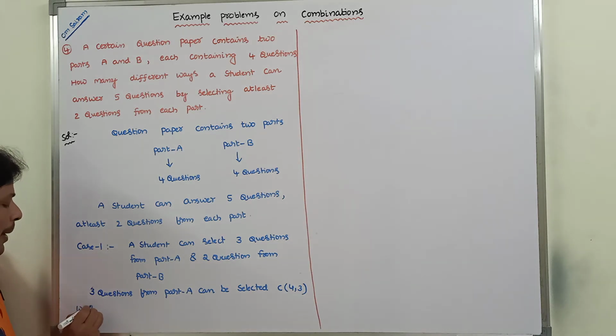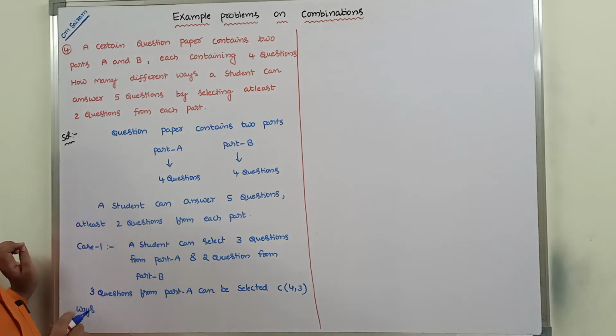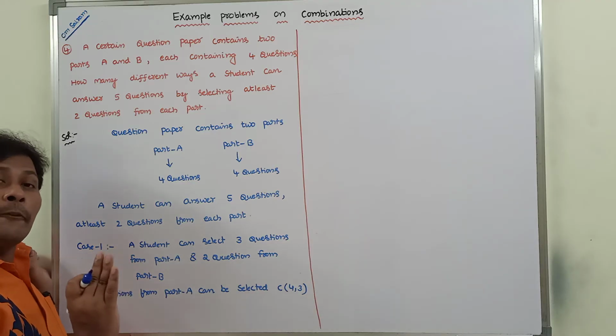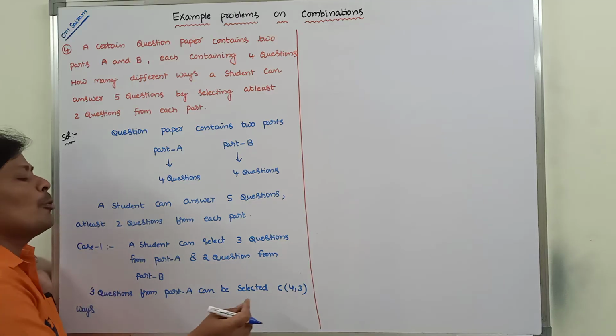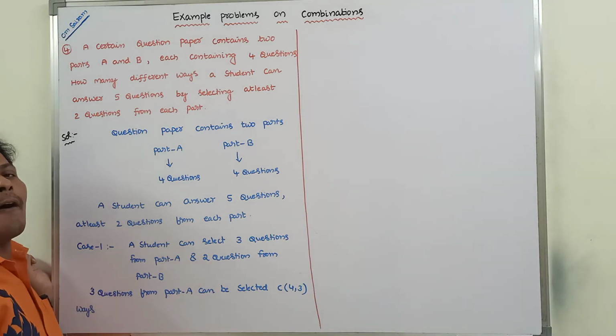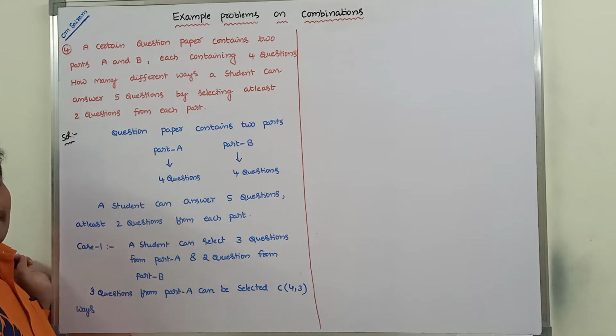Each part contains how many questions? 4 questions. Among the 4 questions, 3 questions can be selected in how many ways? C of 4, 3 ways.